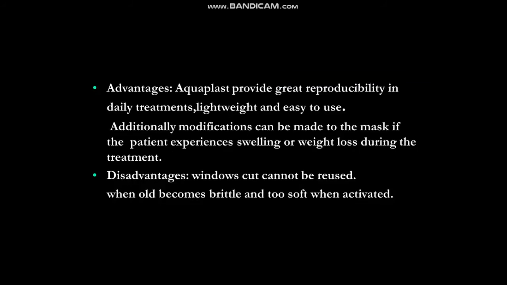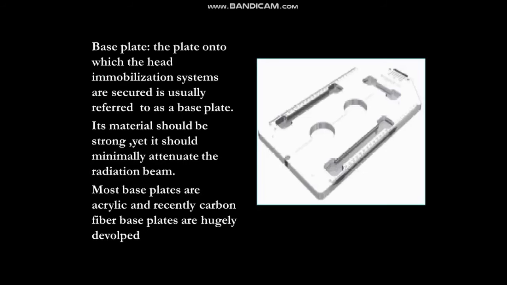Advantages of aquaplast are that it provides great reproducibility in daily treatments, and it is lightweight and easy to use. Additionally, modifications can be made to the mask if the patient experiences swelling or weight loss during the treatment. Disadvantages are that it becomes brittle and too soft when activated.